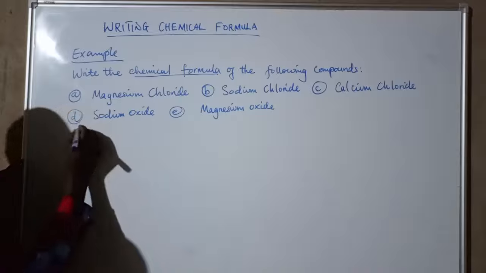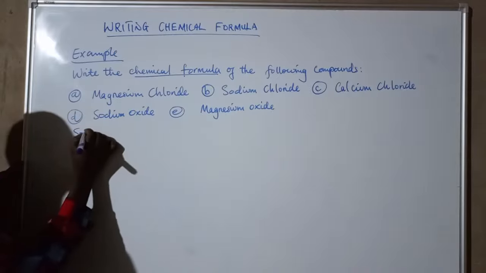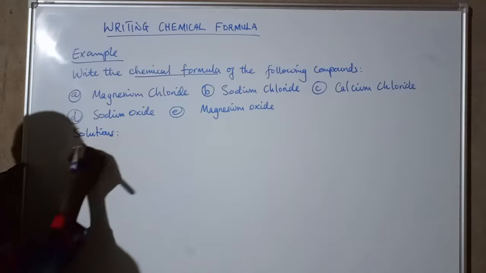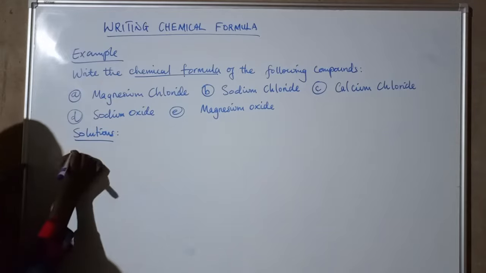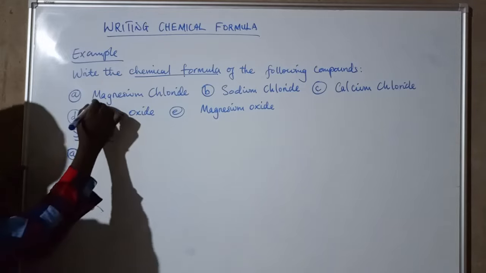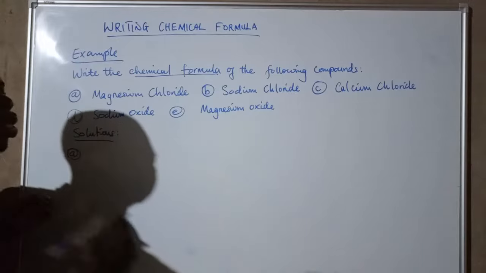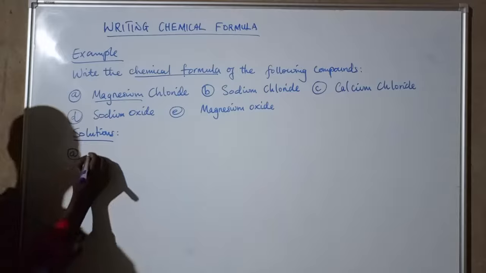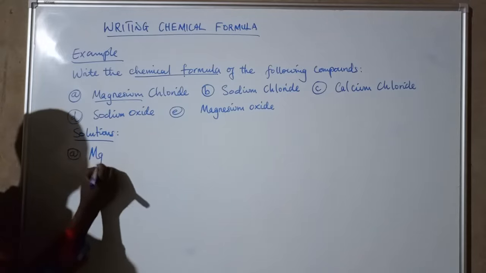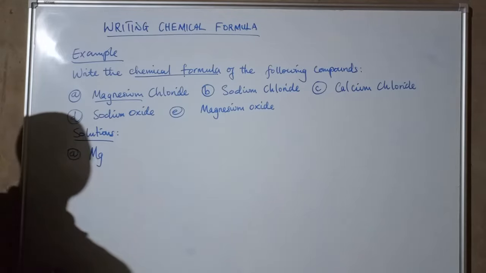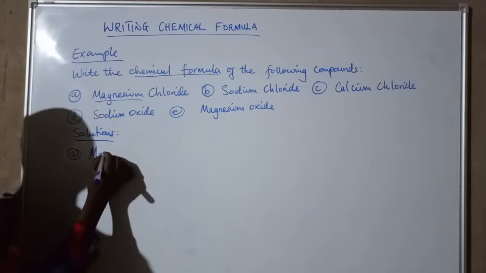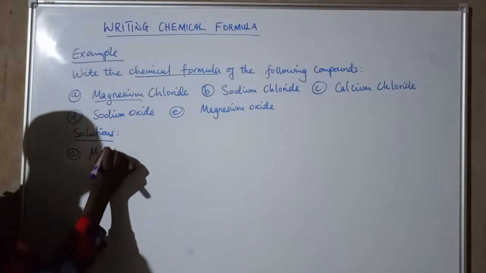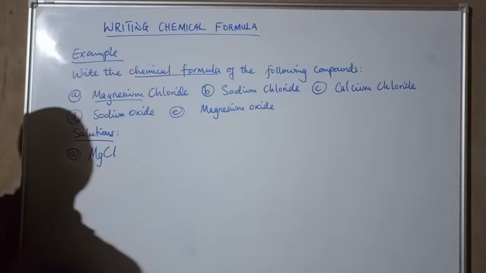So when we go for solutions, the symbol for magnesium from the periodic table, its symbol is capital M and small letter g. And chlorine, its symbol is capital C and small letter l.